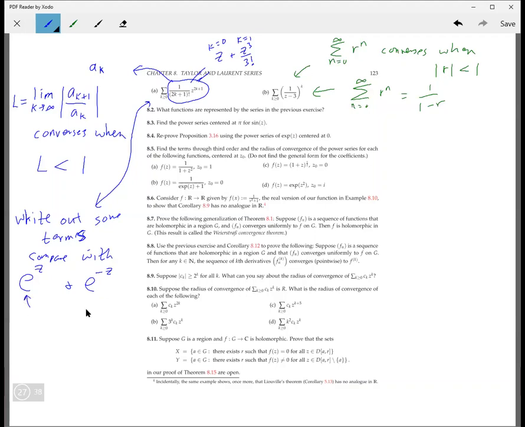So expand these two out and see what you get, but just write down terms. Okay, so those are big hints right there. Is there anything else?